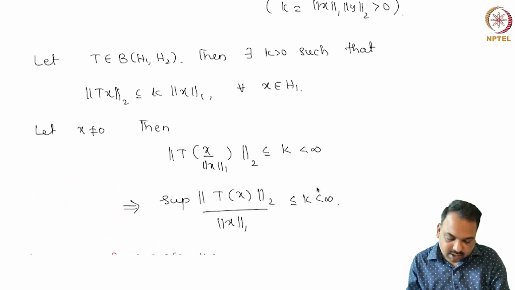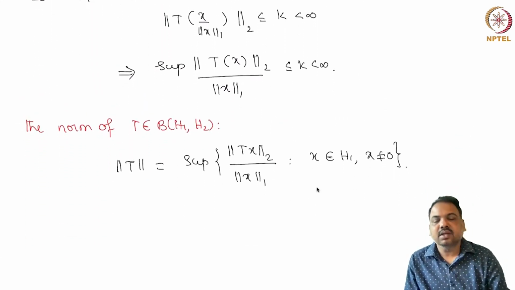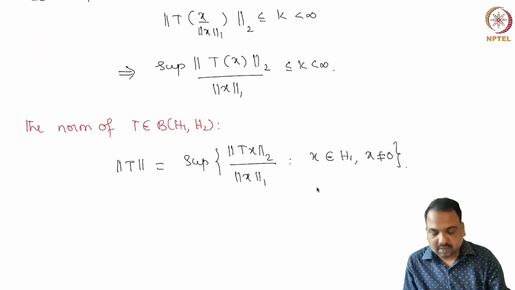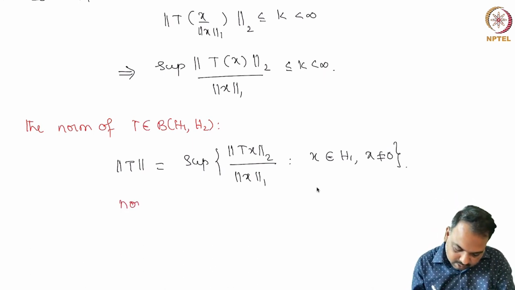So when T is bounded, this supremum is finite, and we call it the norm of the operator, the norm of T, also known as the operator norm.